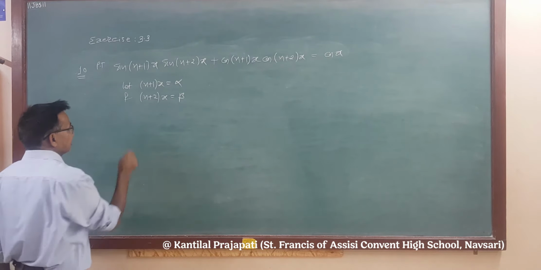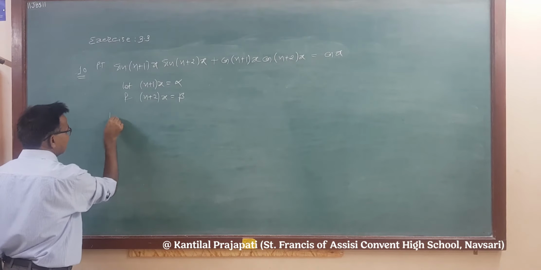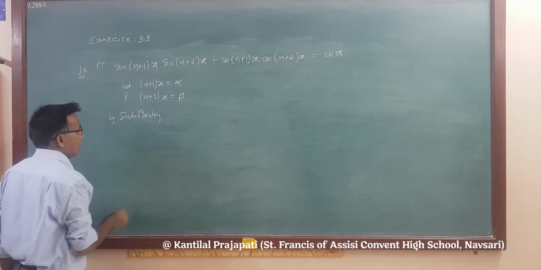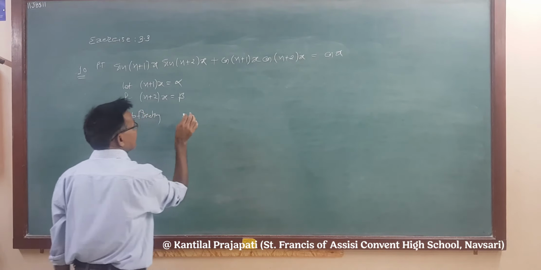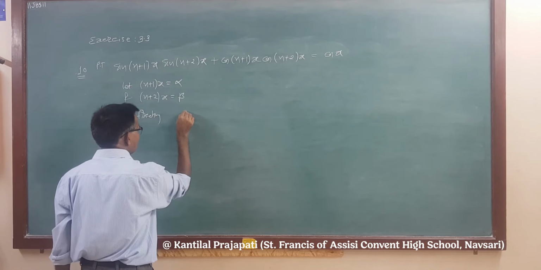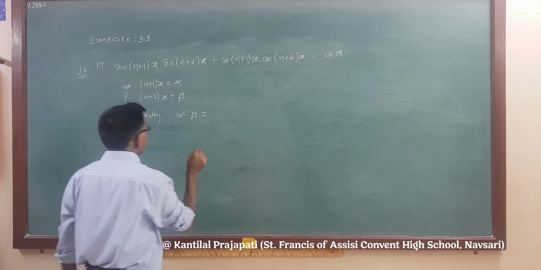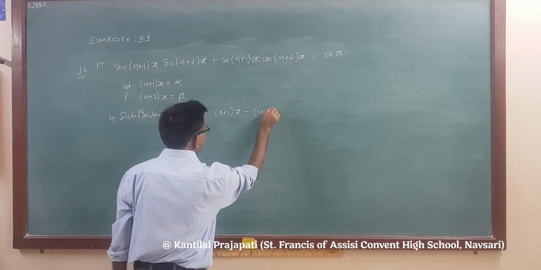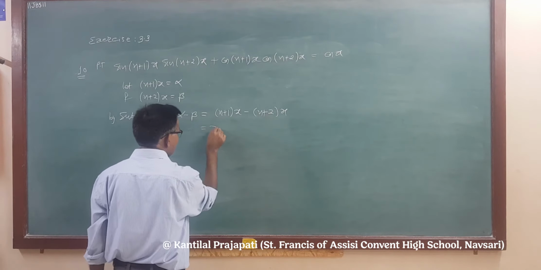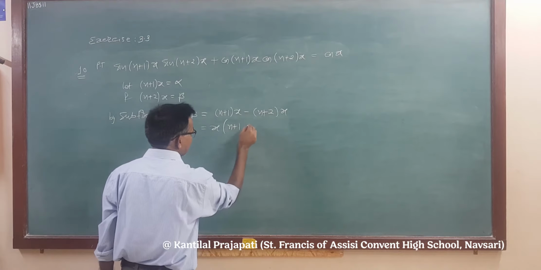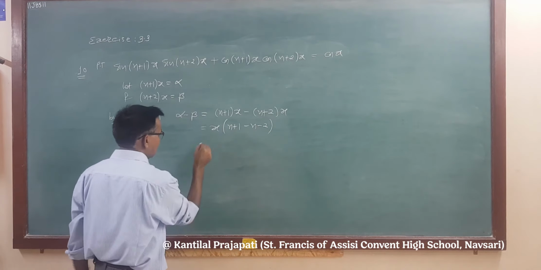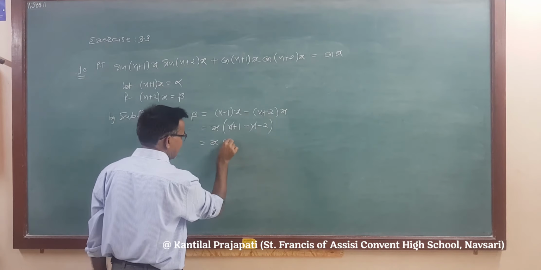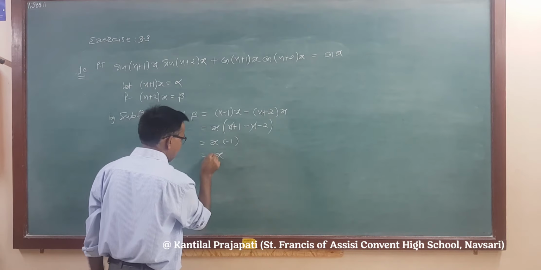So by subtracting, we write here alpha minus beta. So what is it? (n plus 1)x minus (n plus 2)x. We take x common: n plus 1 minus n minus 2. Or we simplify this, so you get x into 1 minus 2 is minus 1. You get minus x.